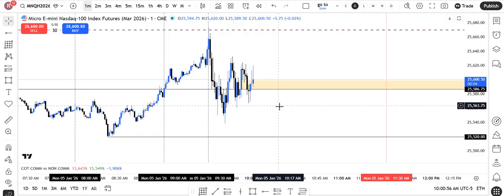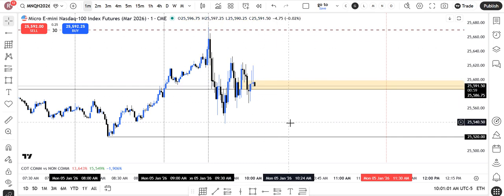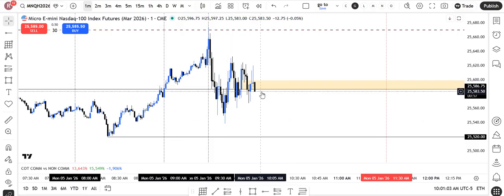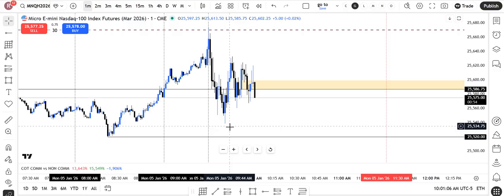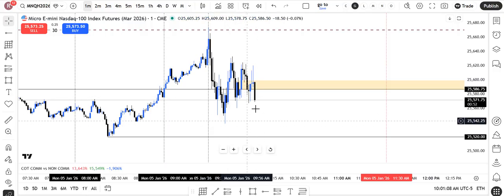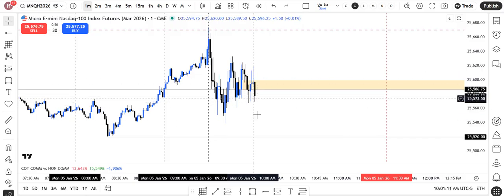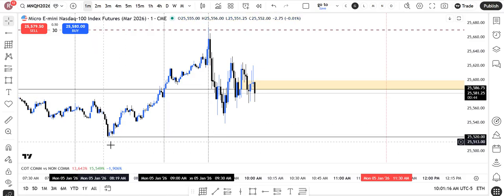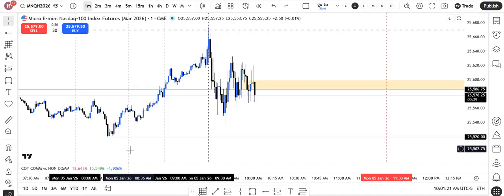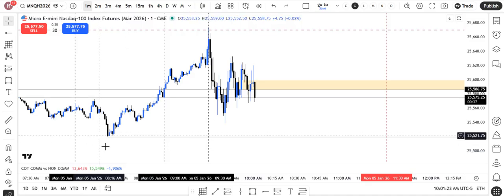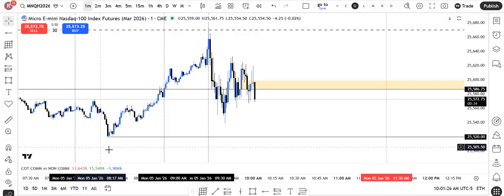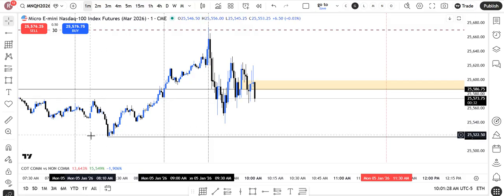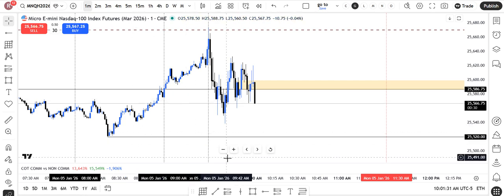Now, if it can't, and I still would like to see it take some type of liquidity here, but if it can't, and it shows displacement like that, and creates a fair value gap like that, I'd expect it to gravitate towards this, because that's where everybody from pre-market is still long, or that's where they have their stop losses.